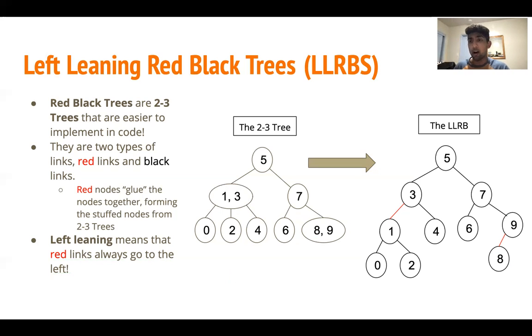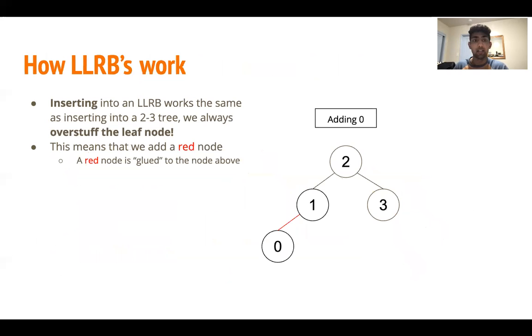So let's walk through a couple practice examples to gain some intuition for what's really happening here, okay? So suppose we have this tree, and we decide to add the number 0. What's going to happen is we're going to add a red link between 0 and 1. So why are we doing this?